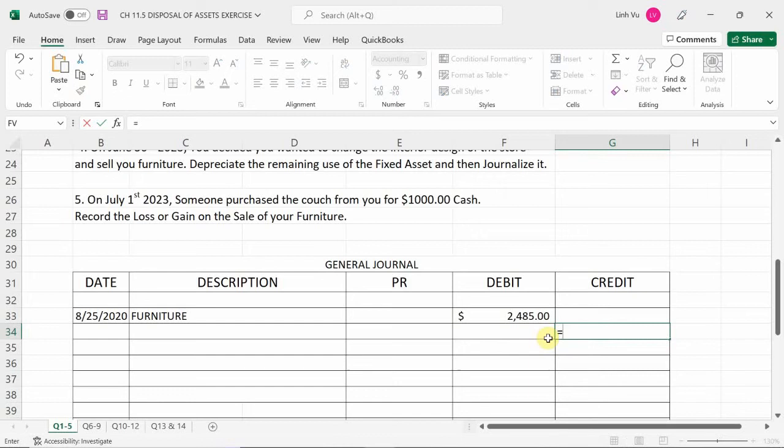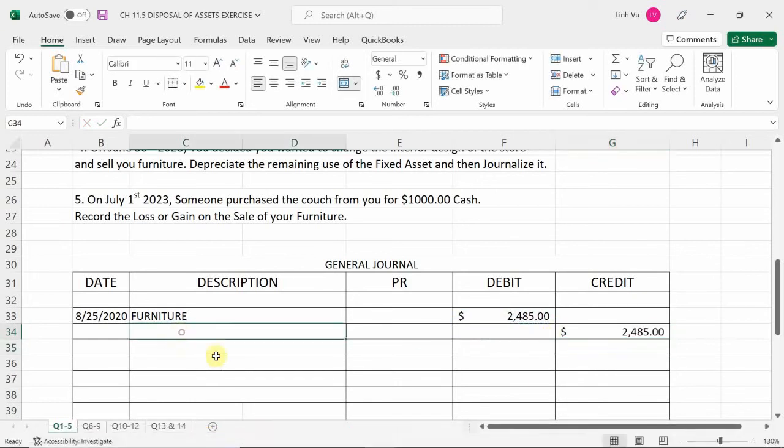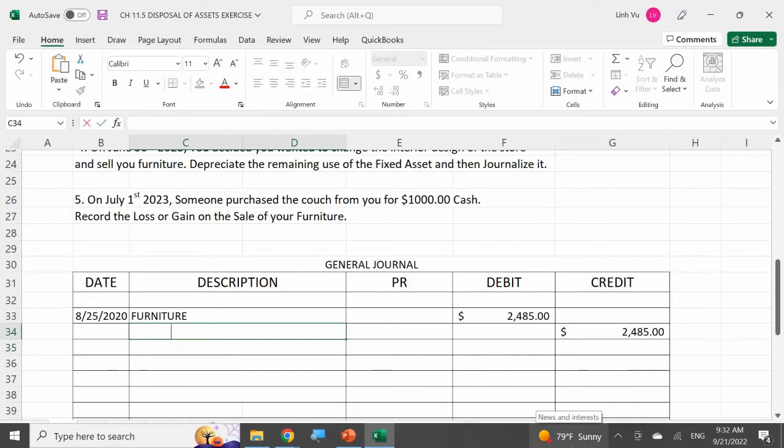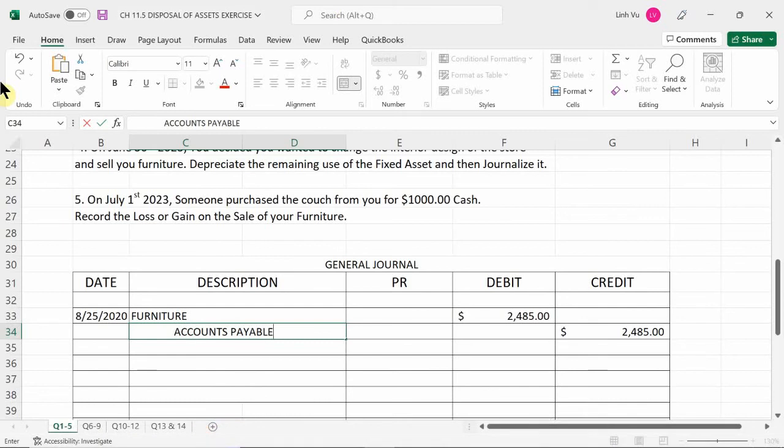So I purchased it on account. How would I record my credit? Would it be accounts payable? Okay. Good. So now I acquired my couch.